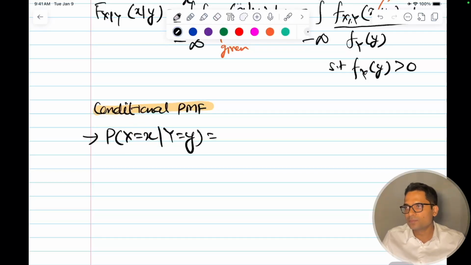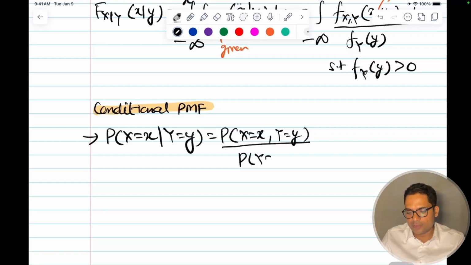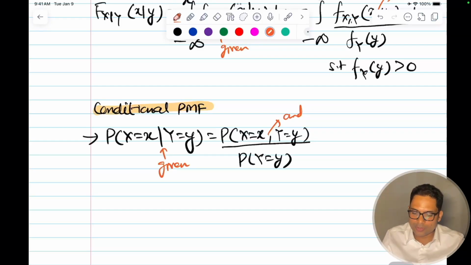This is equal to the probability of X equal to x, comma Y equal to y, by the probability of Y is equal to y. So again I'll write it. This is your comma is and this is given. Okay, the symbol notations will change, given probability of Y is equal to y is greater than 0.